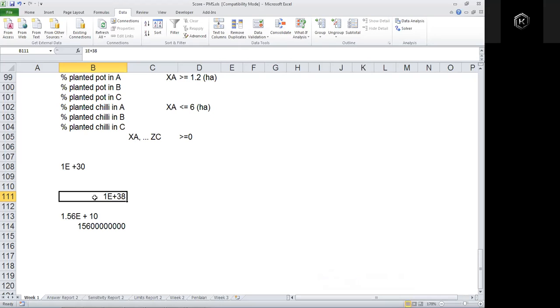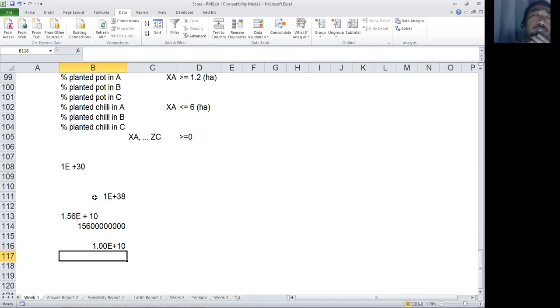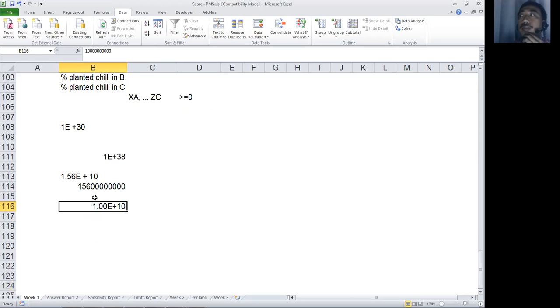Sir, if it is 1E plus 10, is there a limit, or is that also considered no limit? Yeah, it's almost no limit because it means 10 billion. So it is still almost no limit.